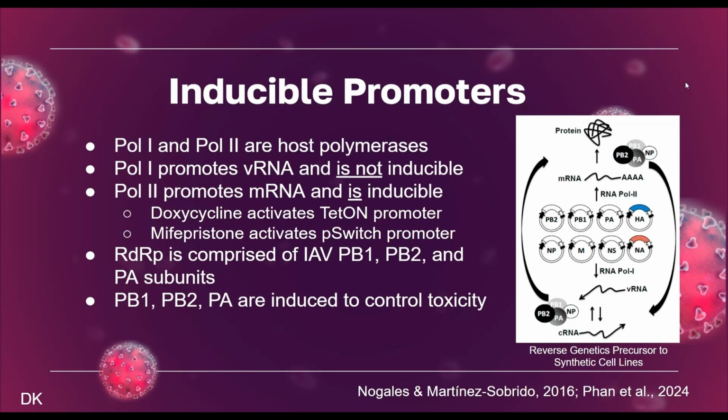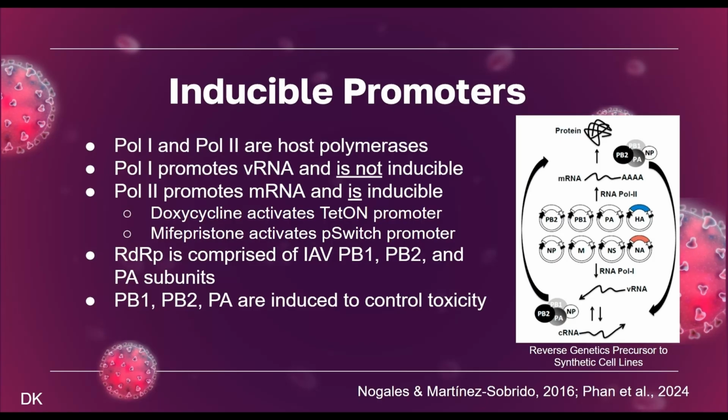So one of the things that's important to understand is this idea of inducible promoters. It's important to note that both polymerase 1, Pol1, and Pol2 are host cell polymerases, not viral polymerases. Pol1 actually promotes the viral RNA and is not inducible, whereas Pol2 promotes mRNA and is inducible.